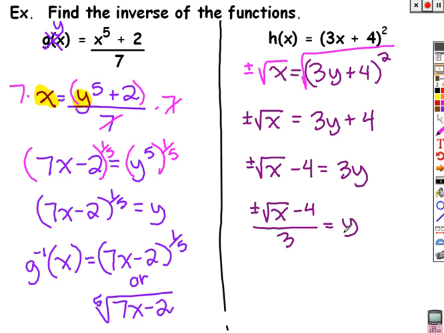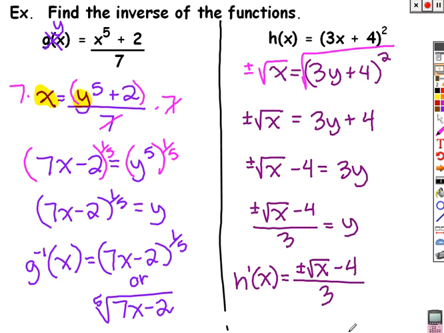So my original was h of x, so the inverse of function h is plus or minus the square root of x minus 4 over 3. And certainly there'd be some domain restrictions here if I have the square root.